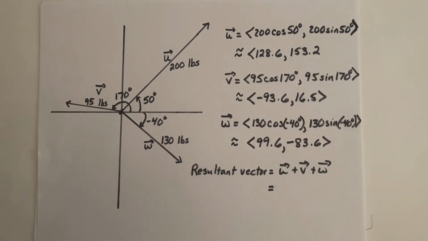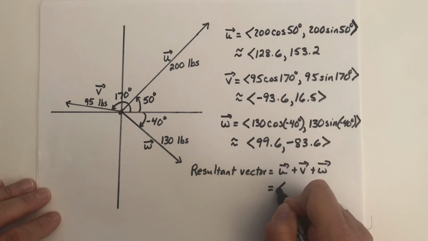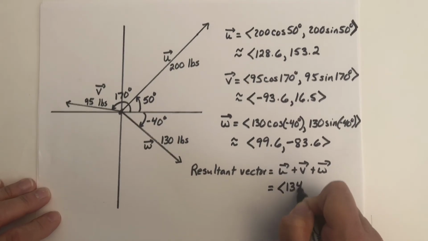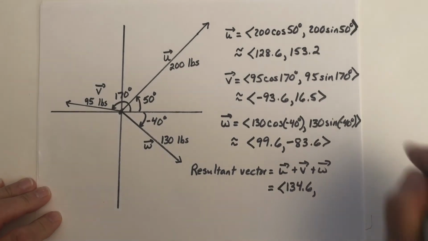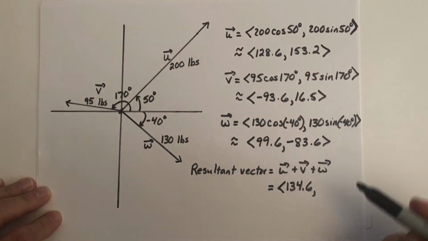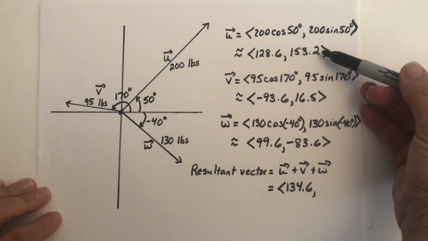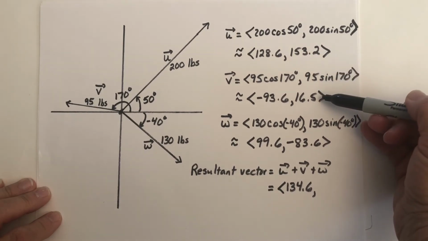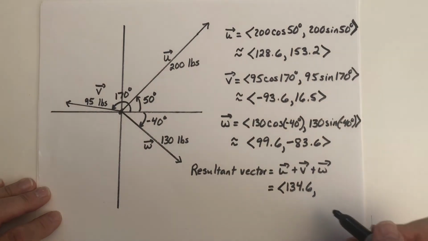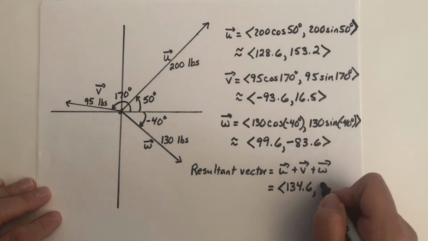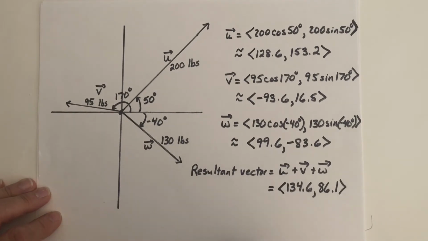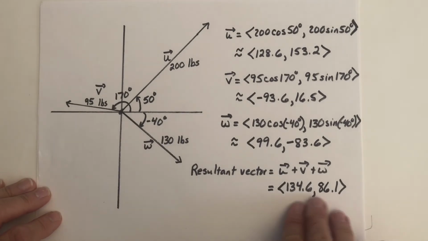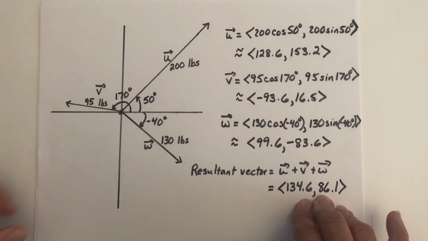And if you do that addition, you'll find that you get 134.6. Similarly, we're adding the y components, 153.2, 16.5, negative 83.6, and if you add those together, you get 86.1. So here is our resultant vector in component form.